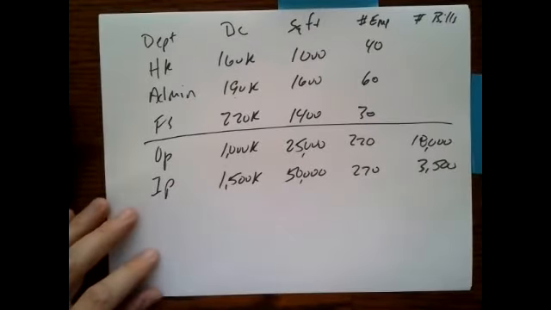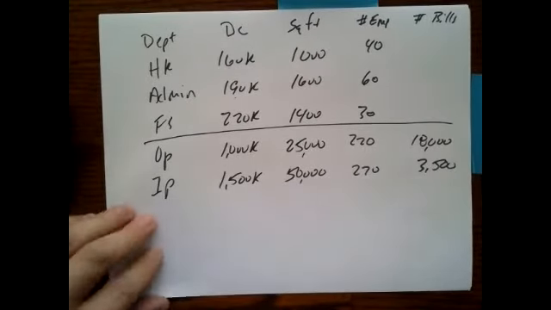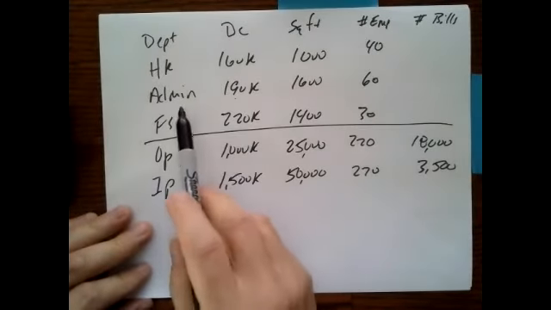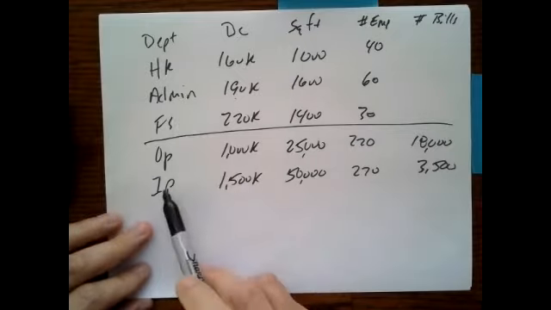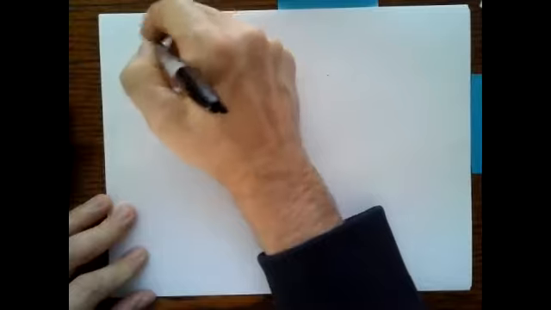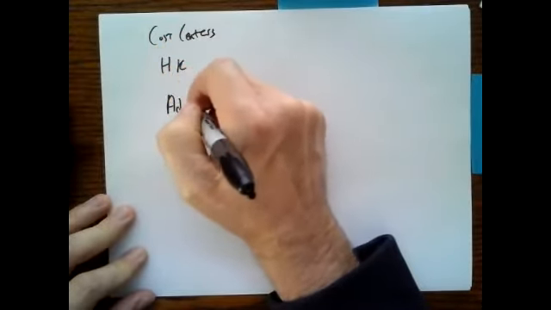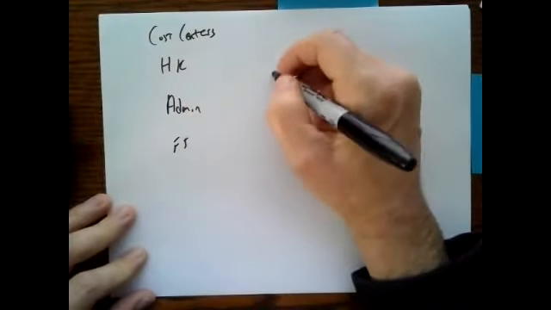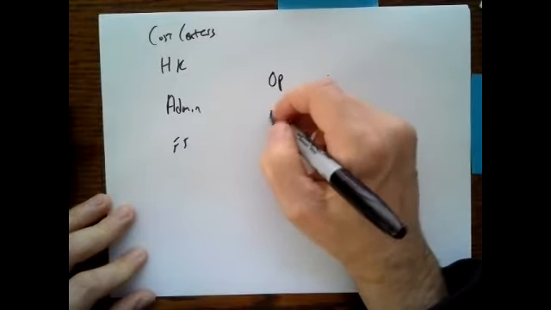Problem 6 asks you to use the direct method of cost allocation to approximate the amount of cost allocated from admin to inpatient. So let's refresh on how the direct method works. Under the direct method, you have your cost centers, housekeeping, admin, financial services, and they allocate their costs to the profit centers.